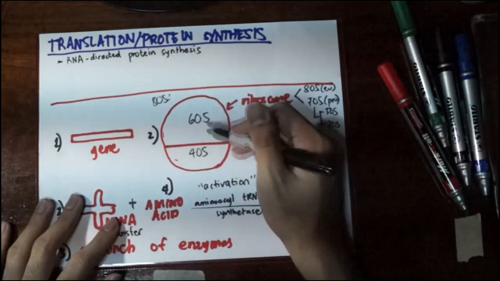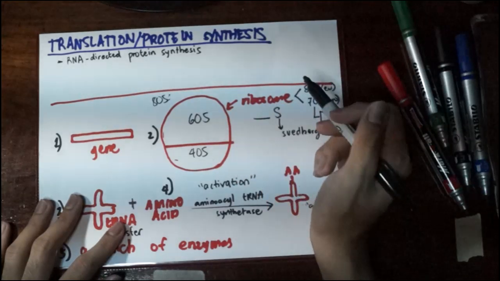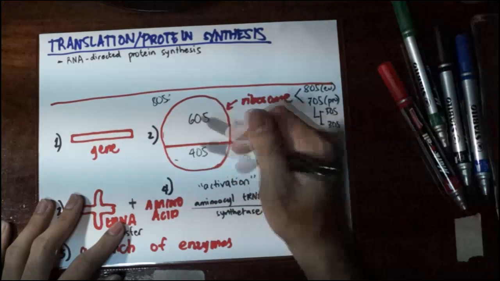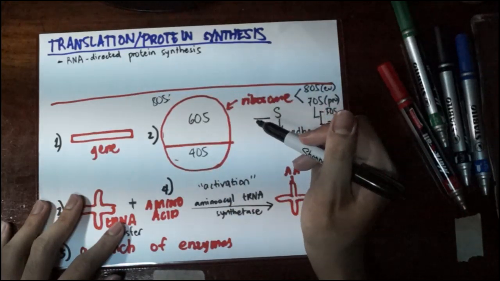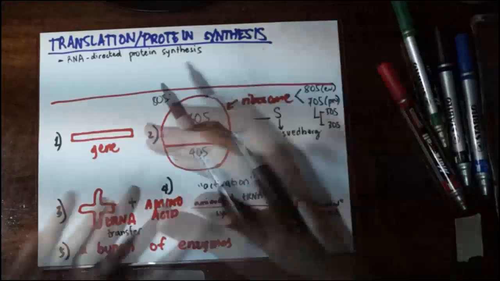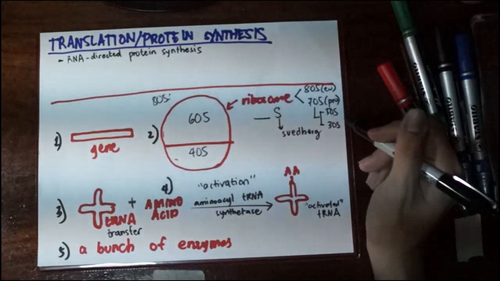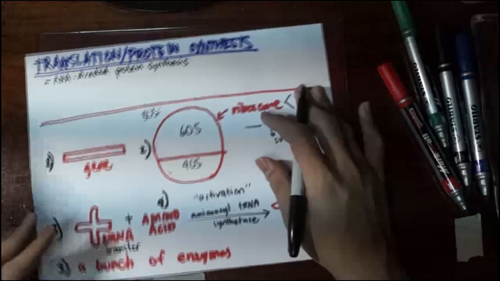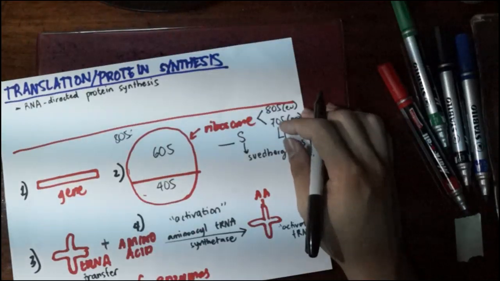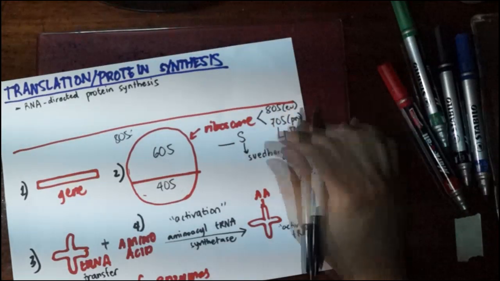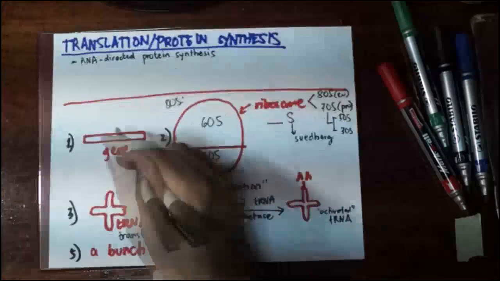For example, we have here the 60S and the 40S subunit. There's a particular role of these two subunits, as we will see later on. They are separate at first, and they will join when translation is taking place. With that said, I have to note that there are several properties of translation, specifically for the mRNA, or the gene that is being read.